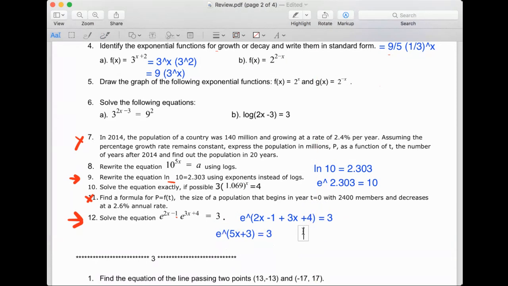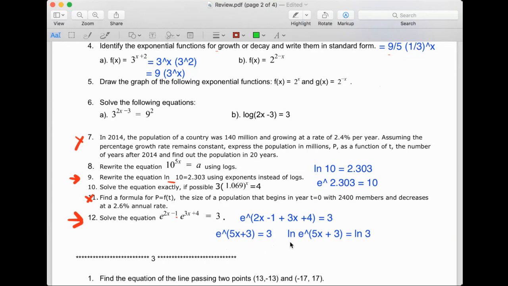We have ln of the e term, so ln of e raised to 5x plus 3 equals ln 3. So basically we're just putting ln on both sides. We're taking the logarithm on both sides.